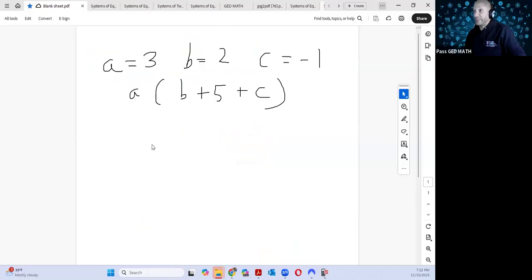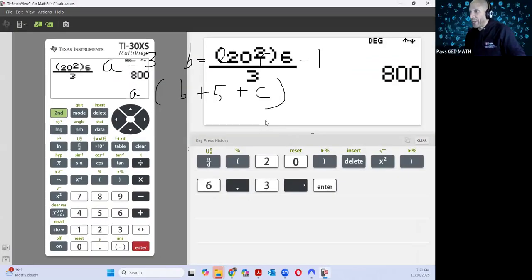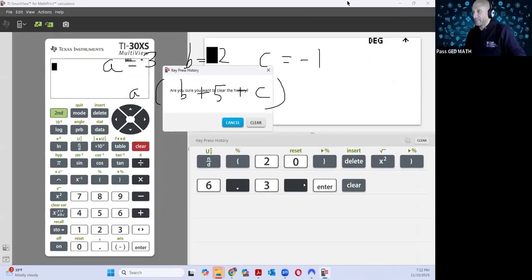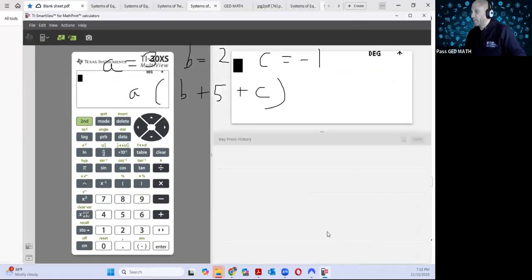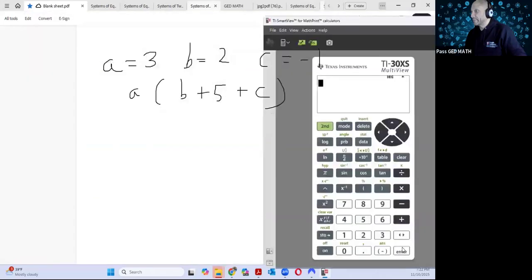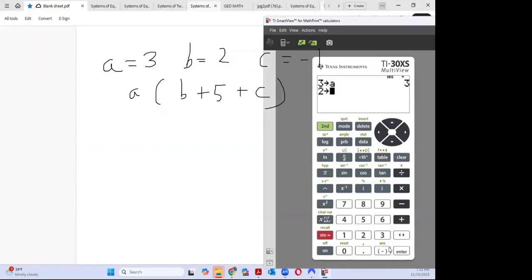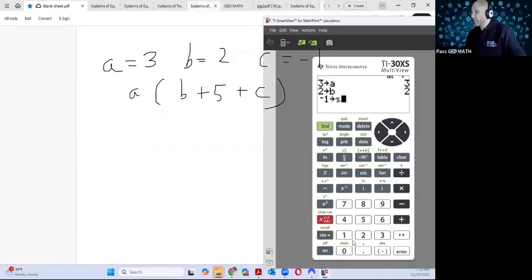I'm not wasting my time once I know how to do it, once I put the hard work in. 3, store A. 2, store B. Minus 1, store C. Then I'm going to write this the same thing. Watch this. A, in parentheses, B, plus 5, plus C.